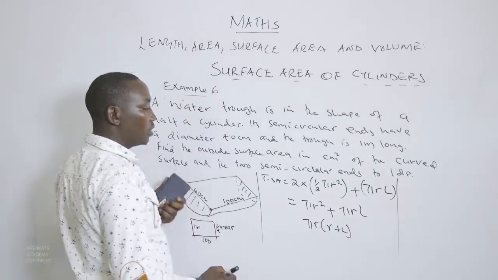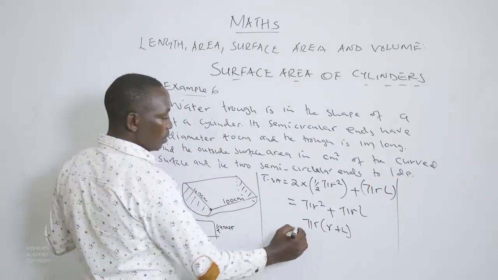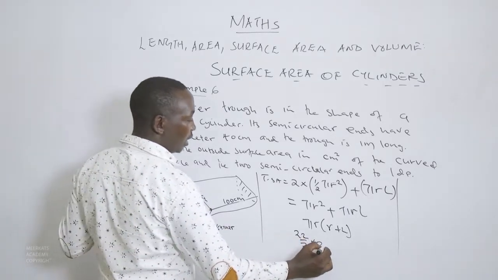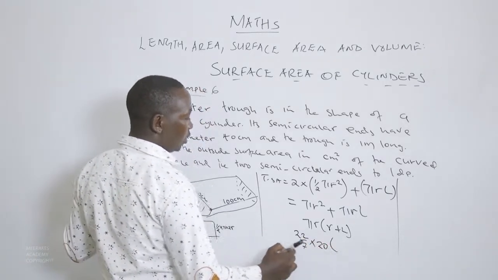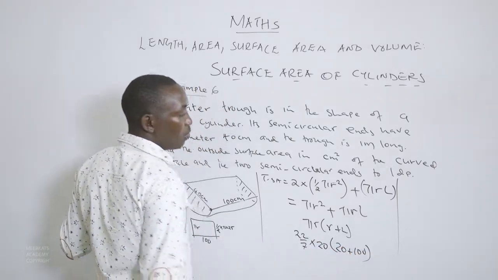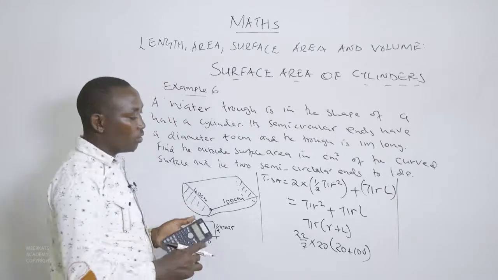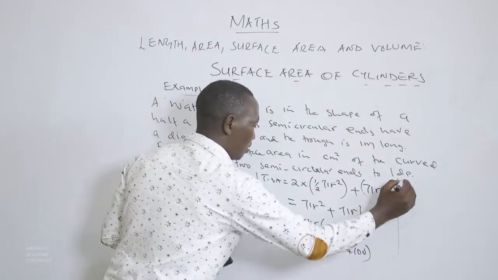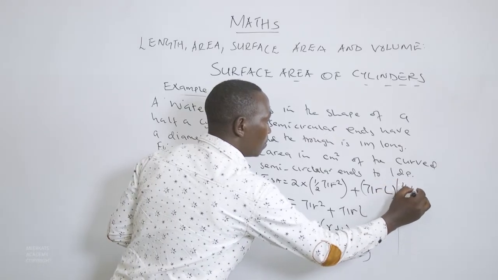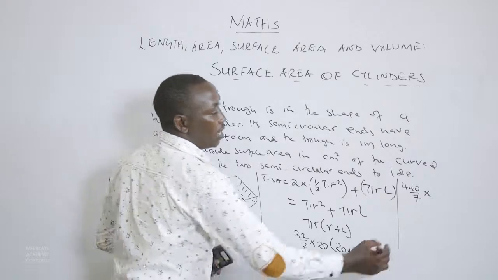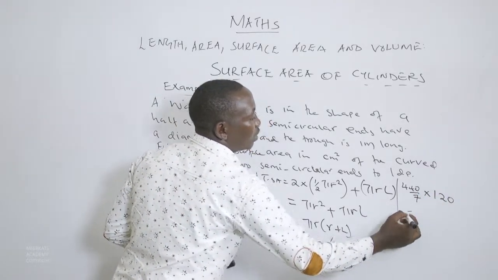So in this case, this will be 22/7. The radius is 20 centimeters, into 20 plus the length, which is 100. So 22/7 times 20 is 440/7, multiplied by 20 plus 100, which is 120.